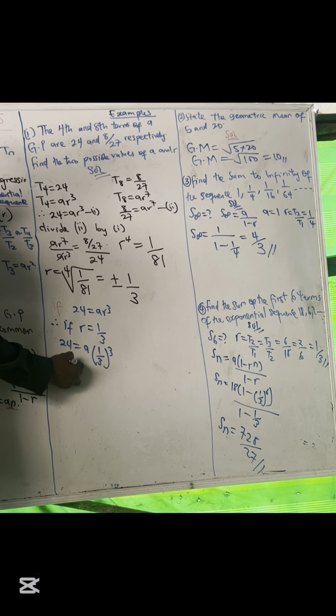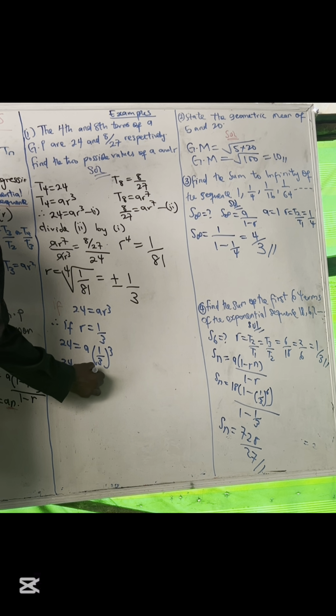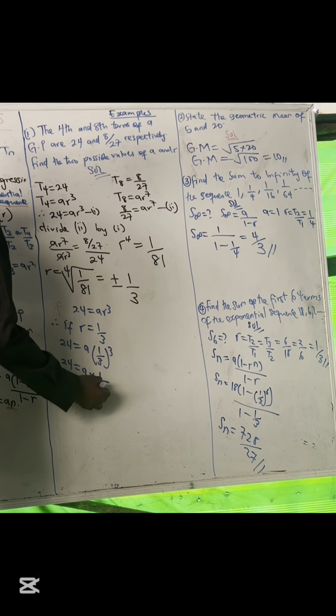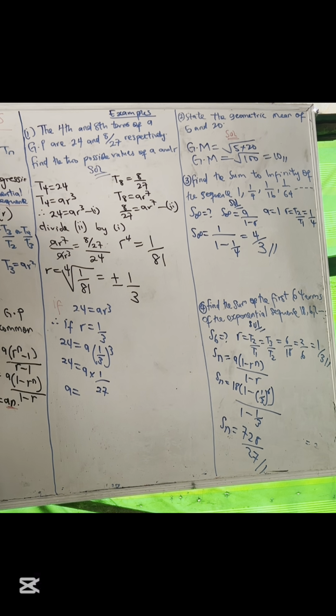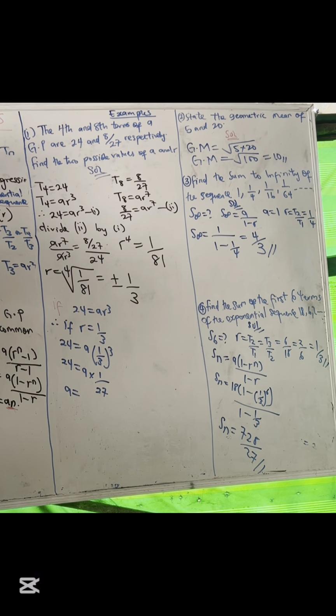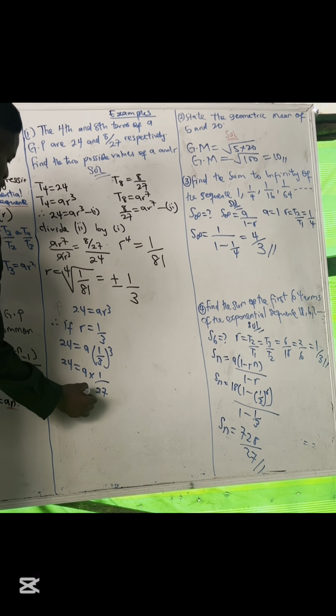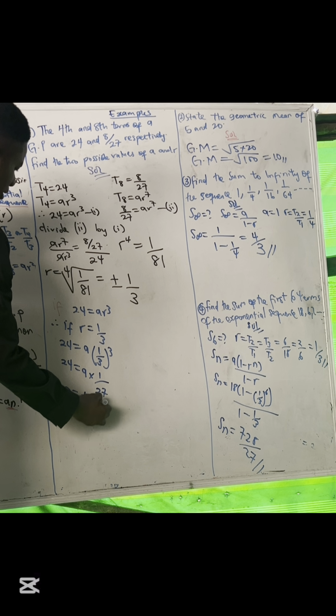This would be 24 is equals to A times 1 raised to the power 3 is 1 over 3 times 3 is 9, 9 times 3 is what? 27. So your A equals 24 times 27, that gives you plus 648.